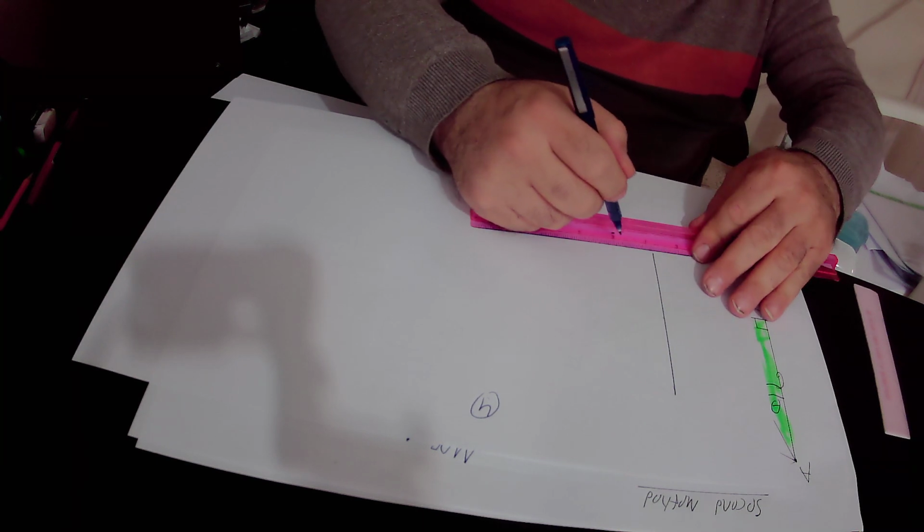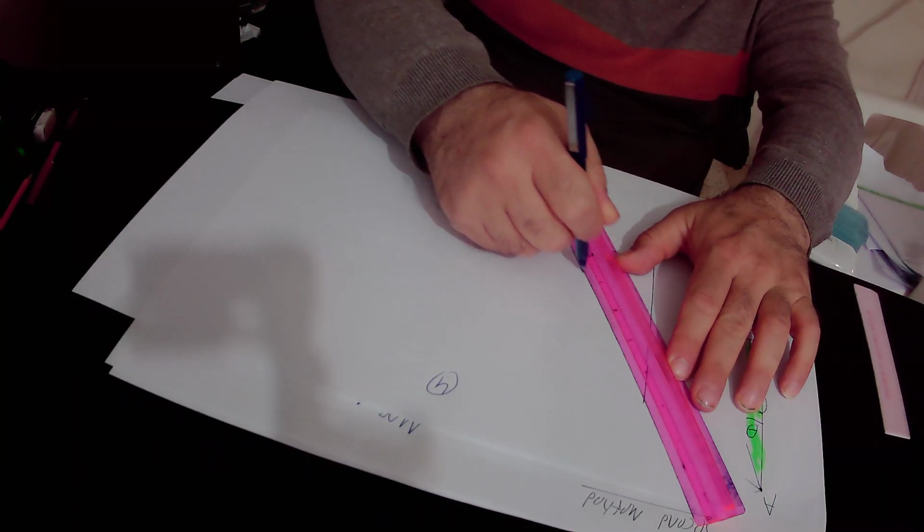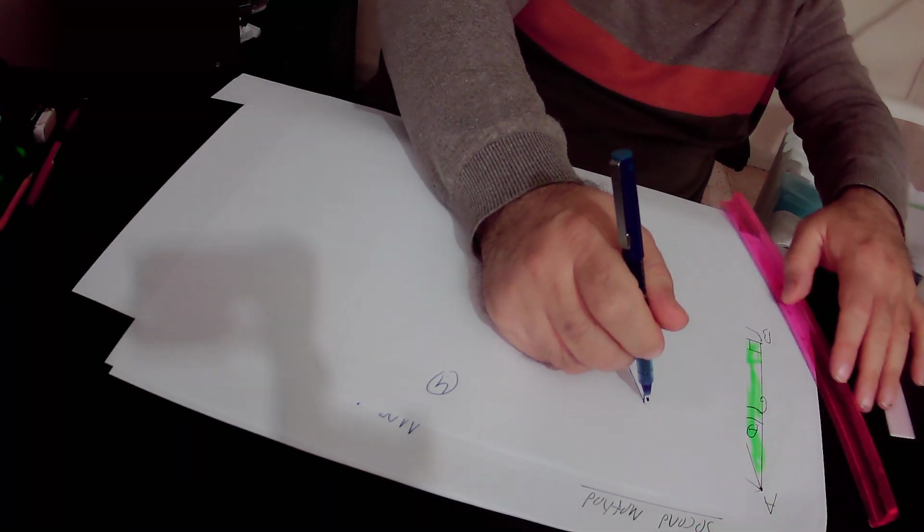According to the Pythagoras theorem of the right triangle ABD, the square of the hypotenuse equals the sum of the squares of the perpendiculars.